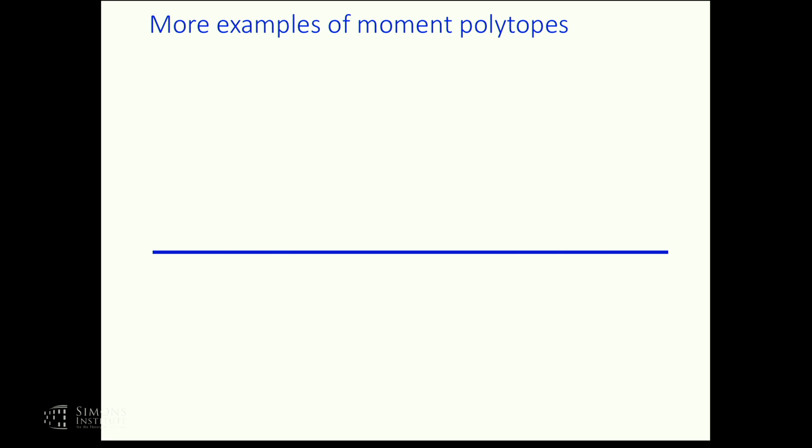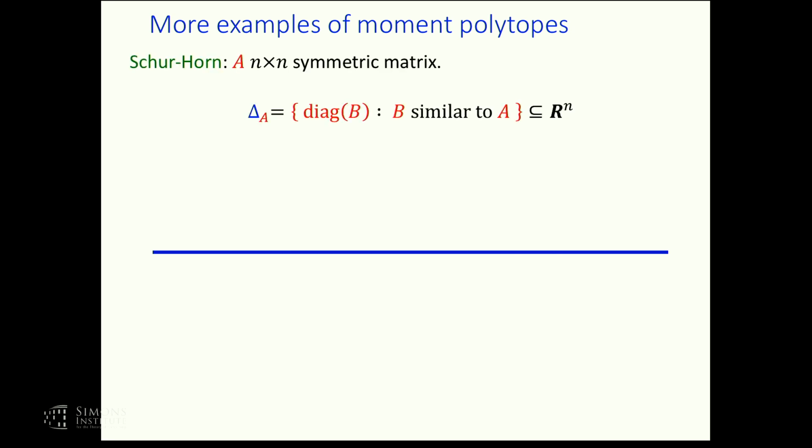So I need to finish. I just want to flesh out some other examples of moment polytopes. Each of them comes with a famous name, like Schur-Horn, so diagonals of matrices that are similar to a given matrix. It's not clear why it's a polytope. It's not clear why it's even convex.